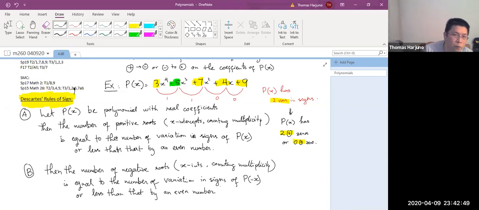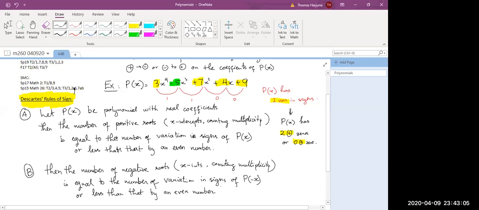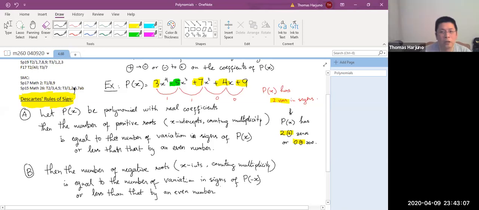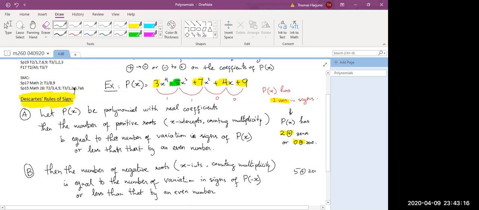If the number of positive roots should decrease and become complex roots, then they must decrease by 2 or 4 or 8. So let's say we suspect that a polynomial has 5 positive zeros, because the number of variations is 5.